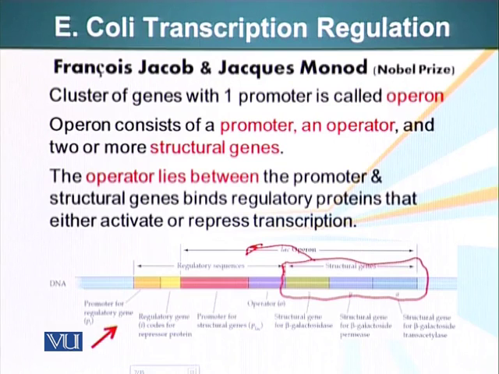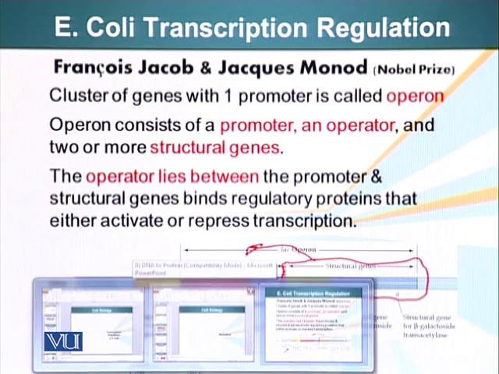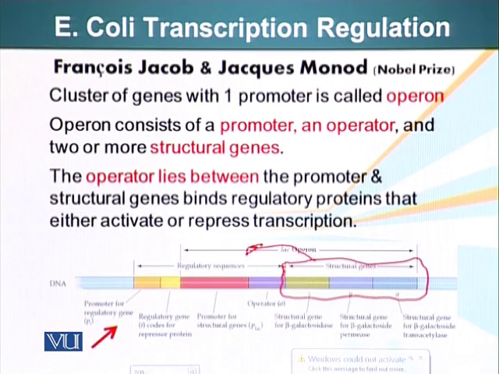Upstream from the structural genes are special sequences on DNA. These are not converted into messenger RNA. They have a regulatory role. These regulatory sequences influence when the structural genes will be turned on.